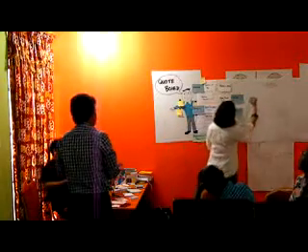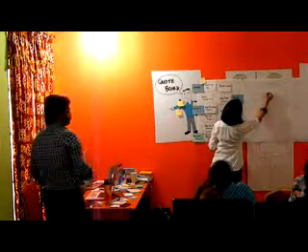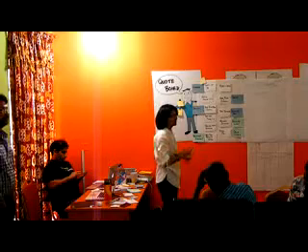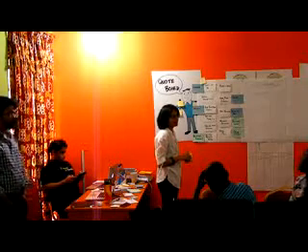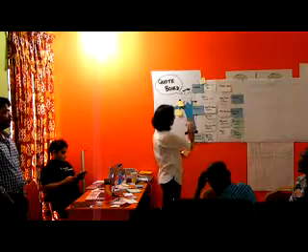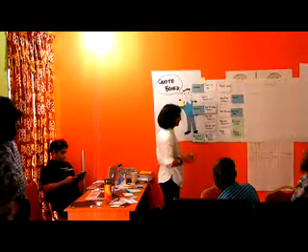Okay. I stands for information. What are the different types of information that we have here for our process? Phone number. Okay.